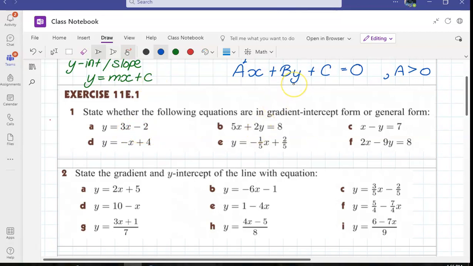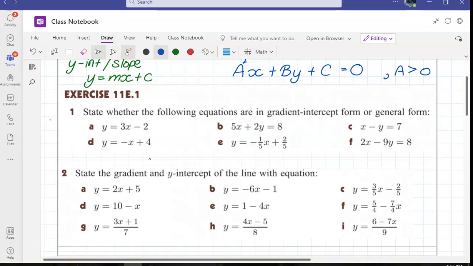Or does it look like this, the general form? General, because it's 1, 1, minus 1. There you go. Intercept. Are we okay with that?